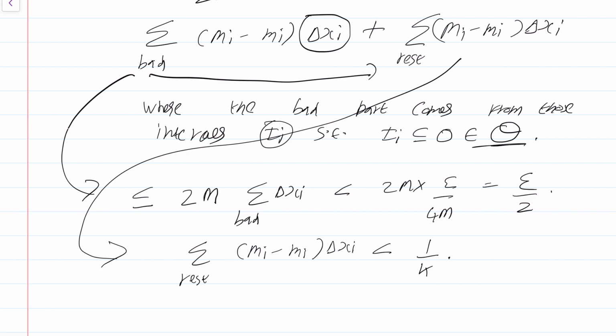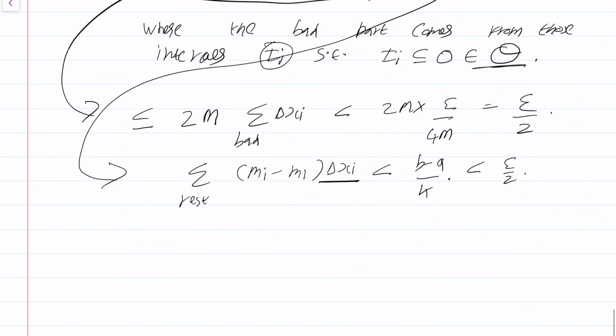So the summation over rest of (M_i minus m_i) delta x_i is certainly going to be less than 1 by k. Actually, it's not just 1 by k, it's (b minus a) by k. Where does this b minus a come from? Well, the sum of all the delta x_i can be at the max b minus a, because we are probably going to sum up over not all the intervals. Some of them would have gone in the bad part. But we already made k so large that 1 by k is less than epsilon by twice (b minus a). So this will be less than epsilon by 2.